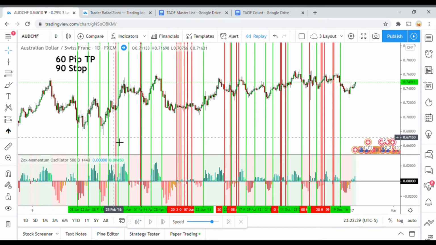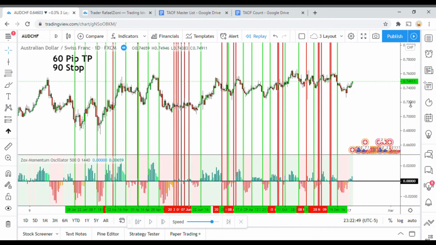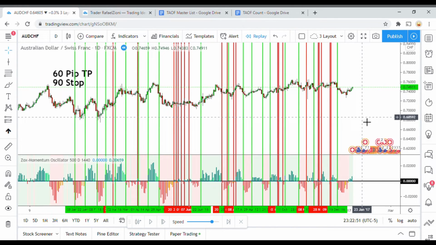And we have 1, 2, 3, 4, 5, 6, 7, 8, 9, 10, 11, 12, 13, 14, 15, 16, 17, 18, and 19. 19 winning trades. So unfortunately, that is not going to meet the 60% criteria that we're looking for.